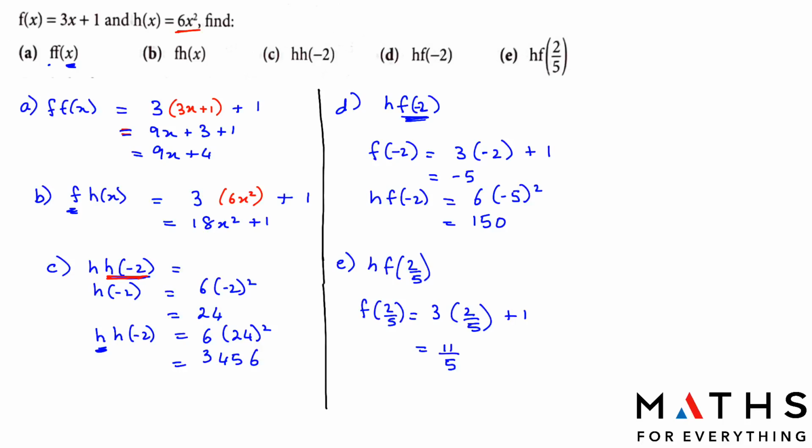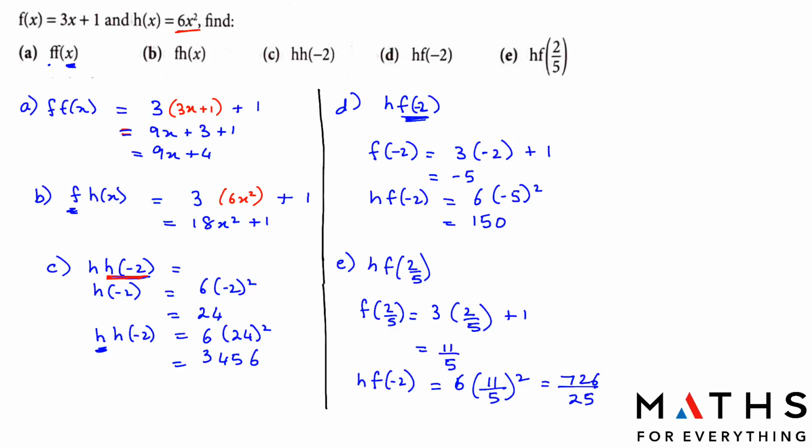And now substitute in the function h, in place of x, 11 over 5. So we have 6x squared, 6 bracket 11 over 5 squared, and you will get 726 over 25.